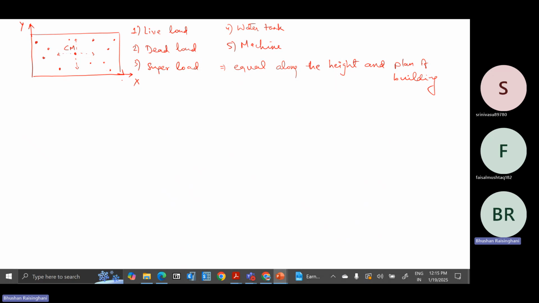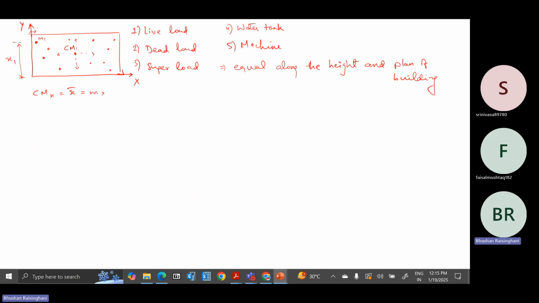So if you want to calculate the center of mass in the x direction, which we call x bar, we have to take that particular mass, let's say this is m1, then m1 into its distance x1. So what is the x1? This will be your x1, right? What will be your y1?